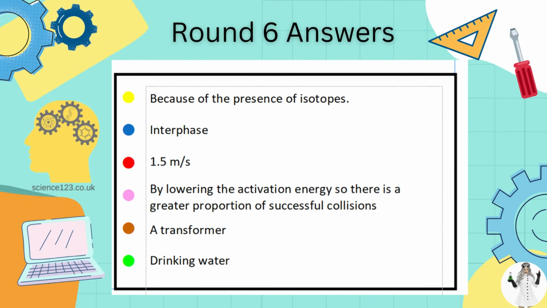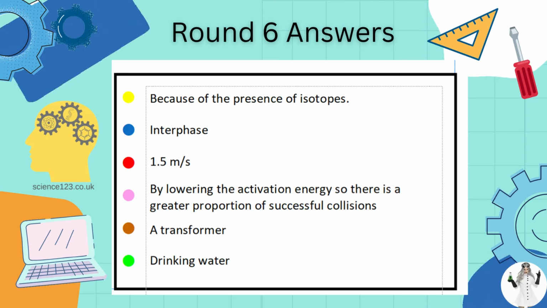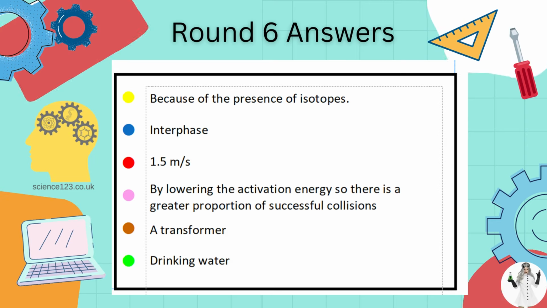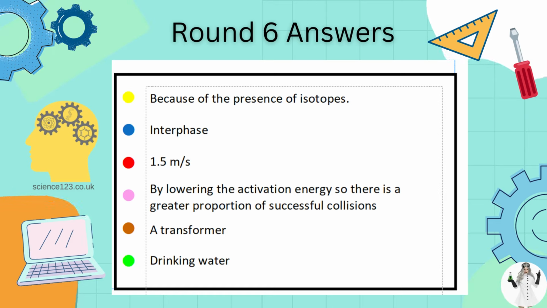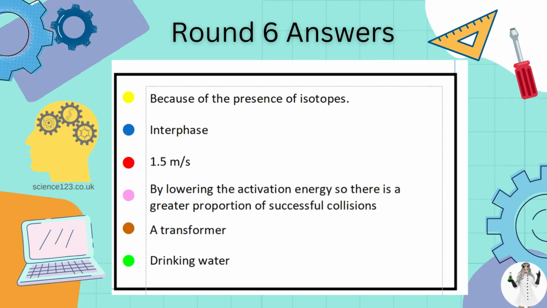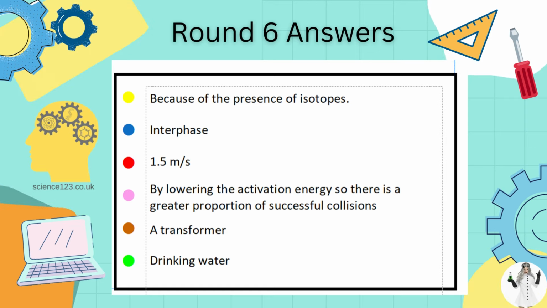The relative atomic mass of some elements is not a whole number because of the presence of isotopes. The first stage of mitosis is called interphase. A typical walking speed is 1.5 meters per second.